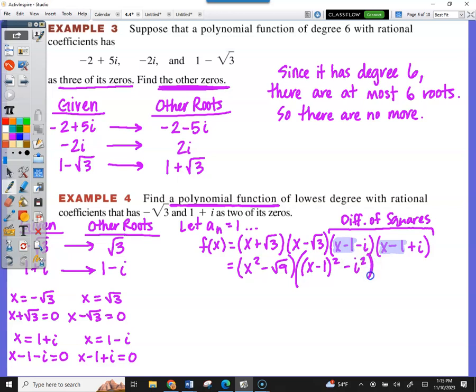Yes? I got lost with the difference of squares. Are we looking at how the i is the difference part? Mhm. I was like, isn't that supposed to be minus, and that's where I got lost. I thought we were looking at the x minus 1. No, I wanted you to see that, think of that block as your first, and it matches.